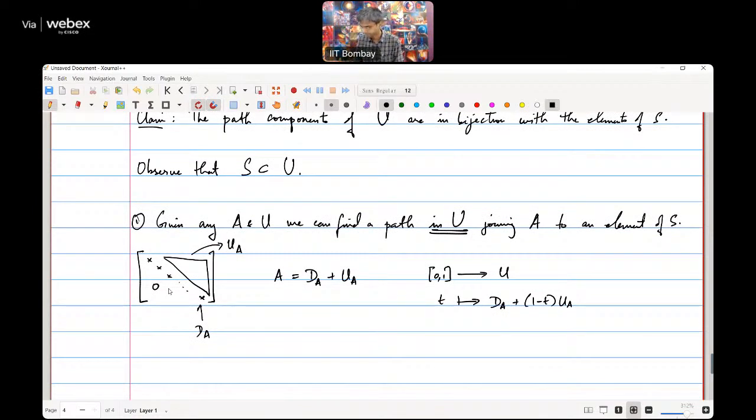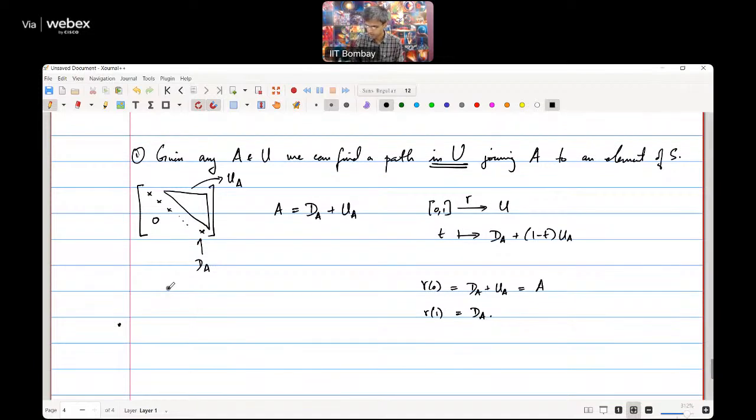It should be clear to everyone by now. Let's call this gamma. Gamma of 0 is equal to D sub A plus U sub A, which is equal to A. And gamma of 1 is just equal to D sub A.